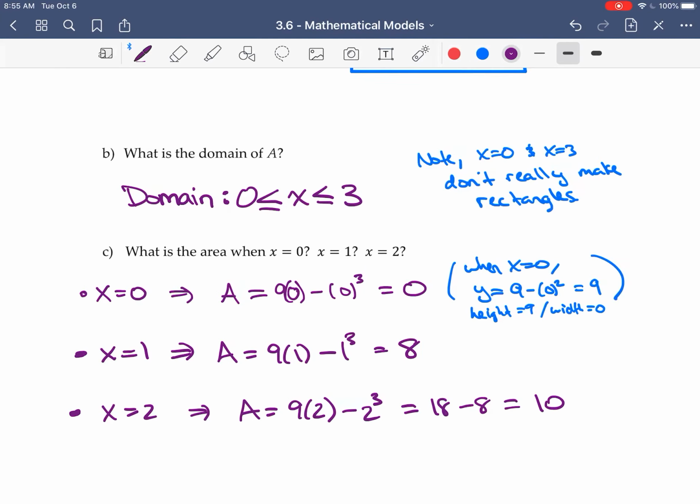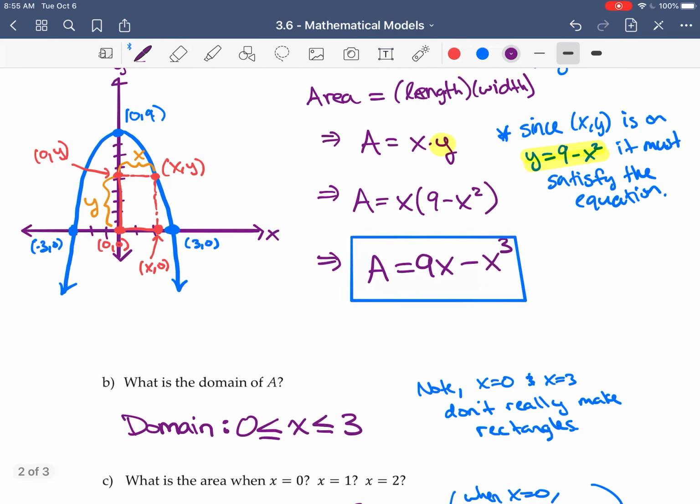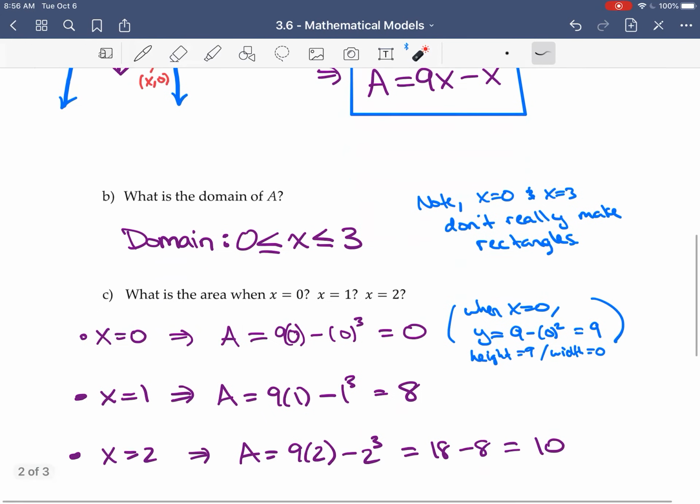So those are a few different areas. Now that we have a formula for the area in terms of x, you can compute the area of any of these rectangles as long as your x is between 0 and 3, because it doesn't really make sense after. You wouldn't want to get a negative area. That never makes sense.